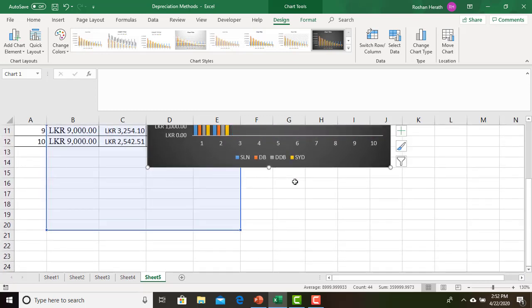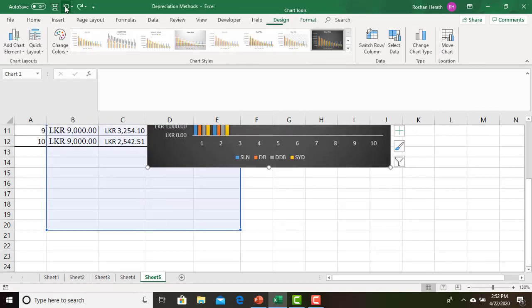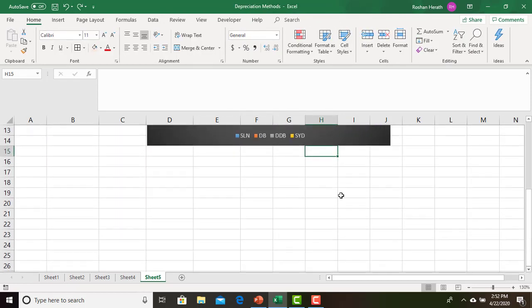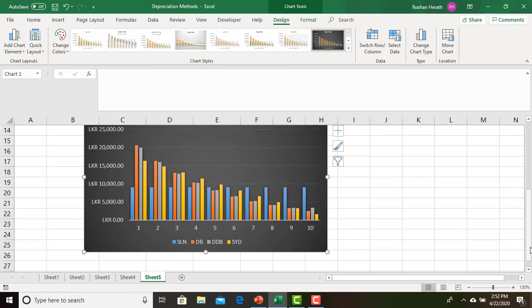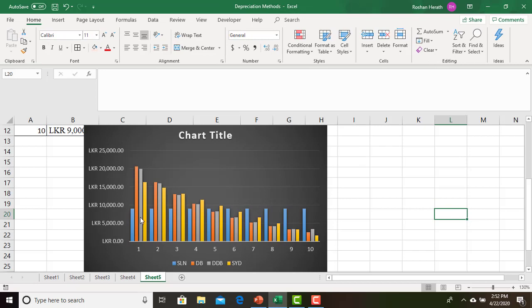It reflects one single situation, where you have applied different depreciation techniques, and this is the depreciation figure that you had come across: the straight line method, the declining balance method, double declining balance method, and also sum of year digit method. You can compare and make some sense out of that.